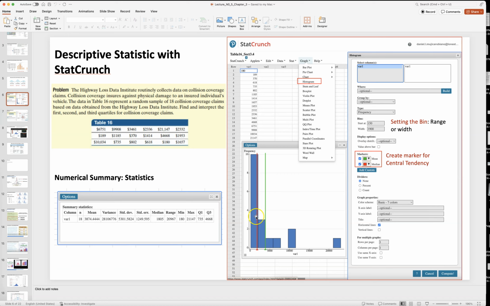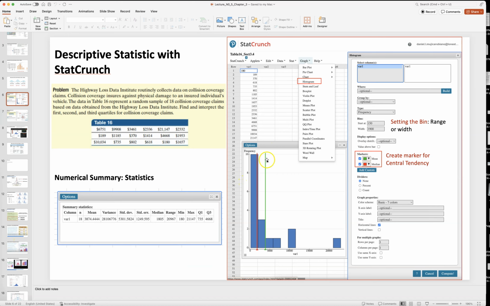When you have histograms that are not centered, I mean that they are leaned to the right or leaned to the left, those kinds of histograms are called skewed histograms. If the histogram is leaned to the right, we say that it's skewed to the right. If the histogram is leaned to the left, we say that it's skewed to the left.